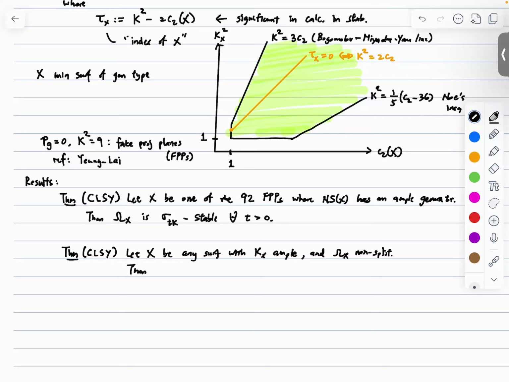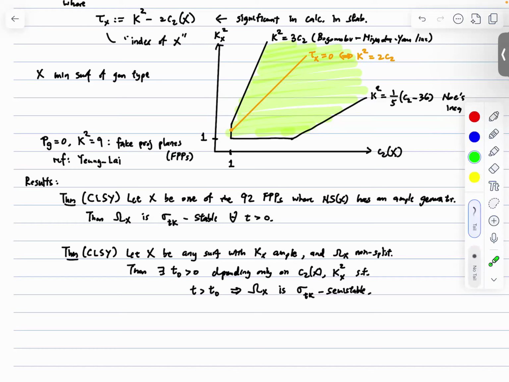Then we can show there exists, and we can write down a formula, some T not bigger than 0, depending only on C2 and K squared, such that if you take T to be bigger than this cutoff point, then the cotangent bundle is Bridgeland semi-stable. But what this number is depends on these particular invariants, of course.